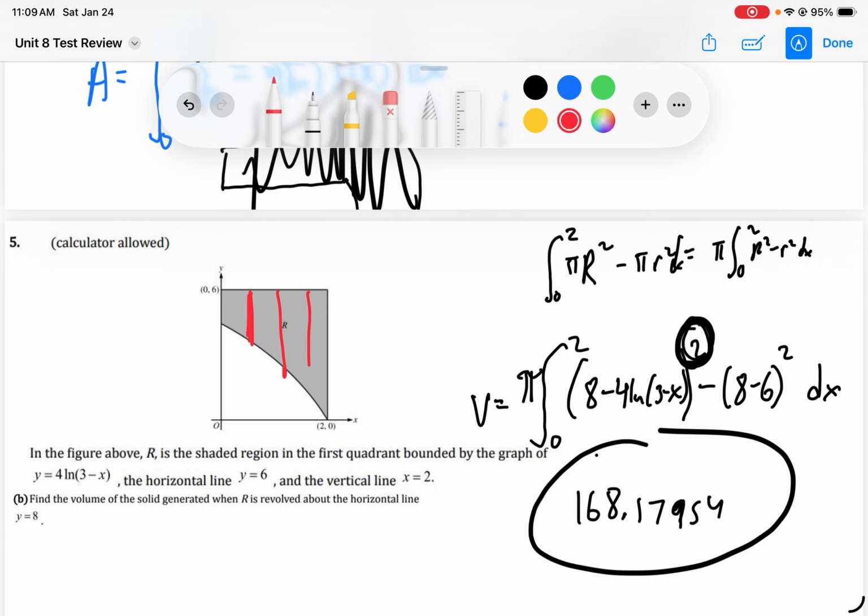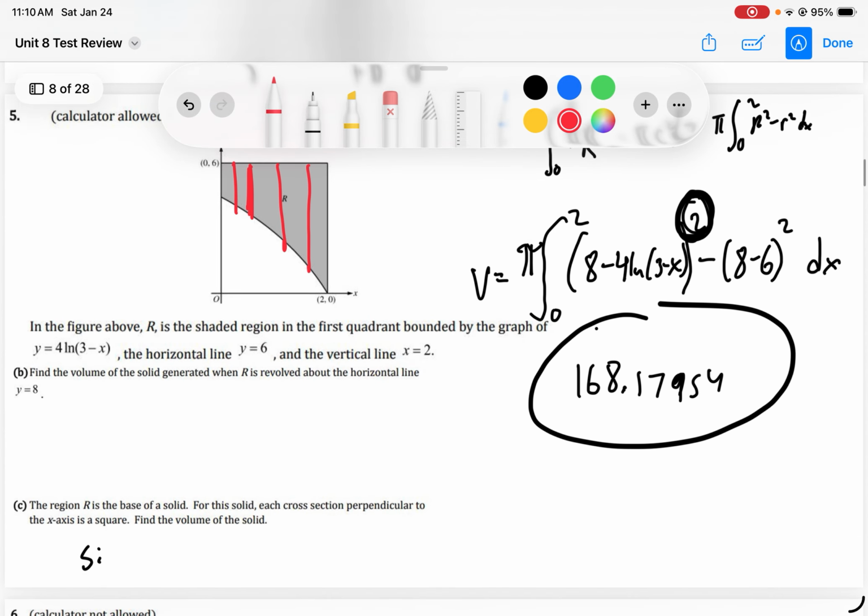So that would give us each distance in between, which would be the side of each one. So the side is 6 minus 4 natural log of 3 minus x. The area of each square would be that squared.